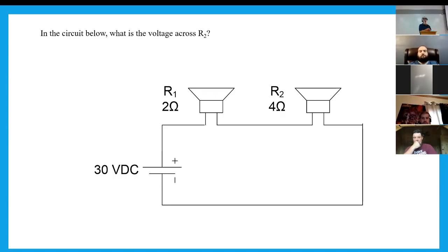R1 has 10 and R2 has 20. Okay, everybody agrees.